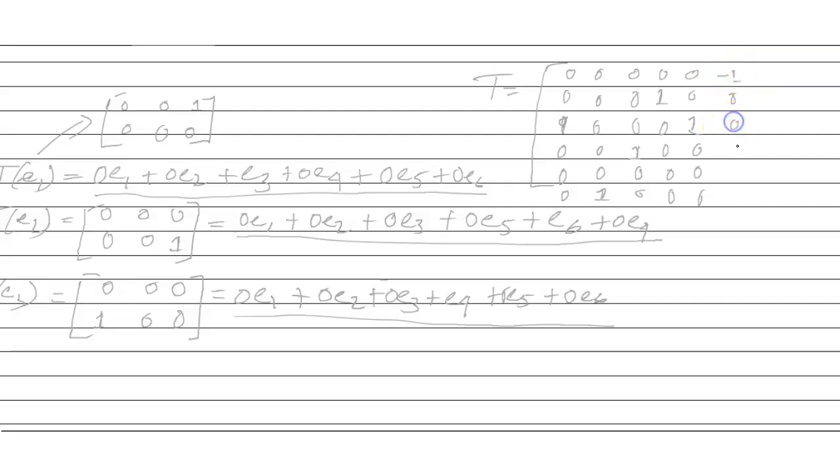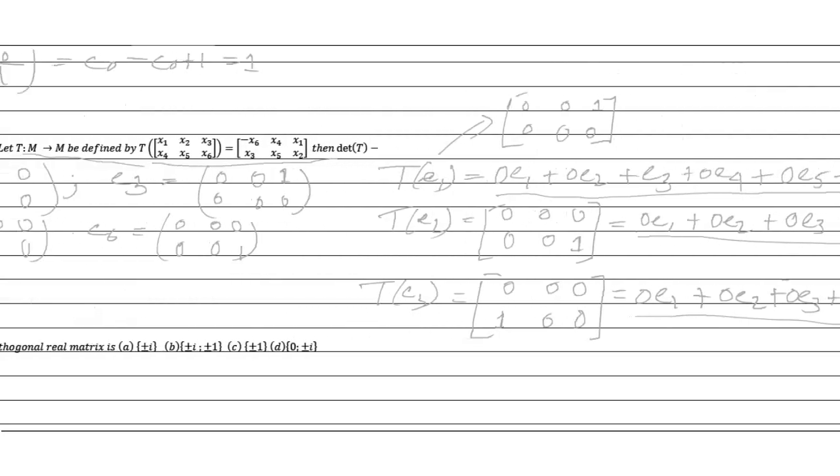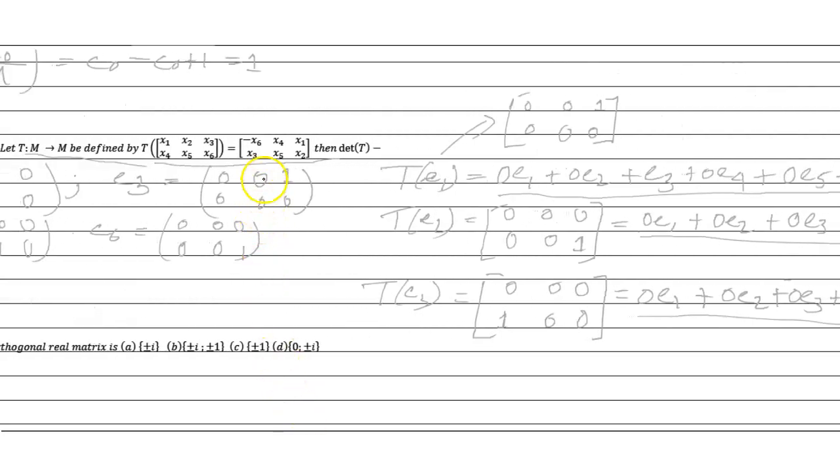Minus 1 0 0 0 0 0. Because minus 1, how can I get? Minus 1 I can get because of minus x6. So TE6 is equal to, the starting point will come, minus 1 into E1.